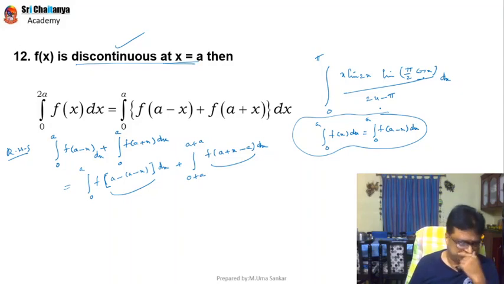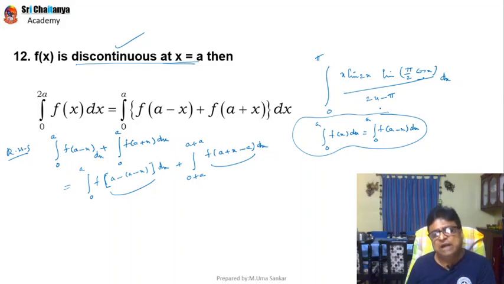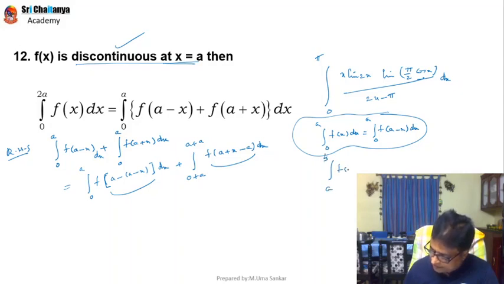But the majority of the properties are extracted one by one, and they are the extensions of this particular property only. Now another property is integration a to b f of x dx, which can be written as integration a plus c to b plus c f of x minus c dx.